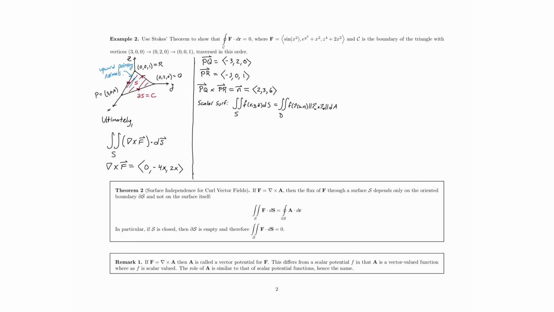Okay. Well, a vector surface integral is defined similarly. This is F dot dS, which is really defined to be the amount of the vector field that is in the normal direction.